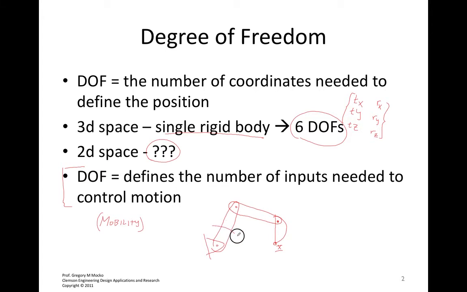I've got the angular position of this arm, the angular position of this arm, and the angular position of this arm. We'll call them theta 1, theta 2, and theta 3. So this system has a degree of freedom of 3.